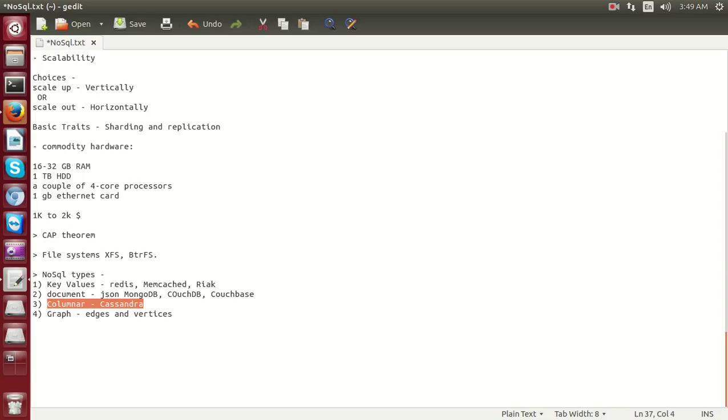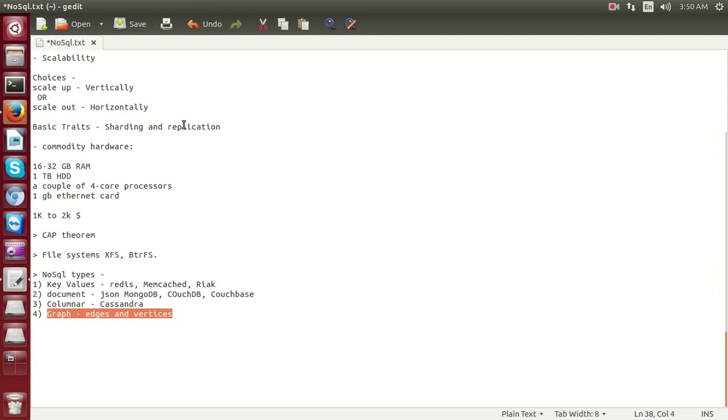Say in a relational database you store data in rows, whereas in a column family database such as Cassandra or HBase, data is stored in columns. That's what makes it a perfect fit for running aggregates. Then the last one is a graph database.